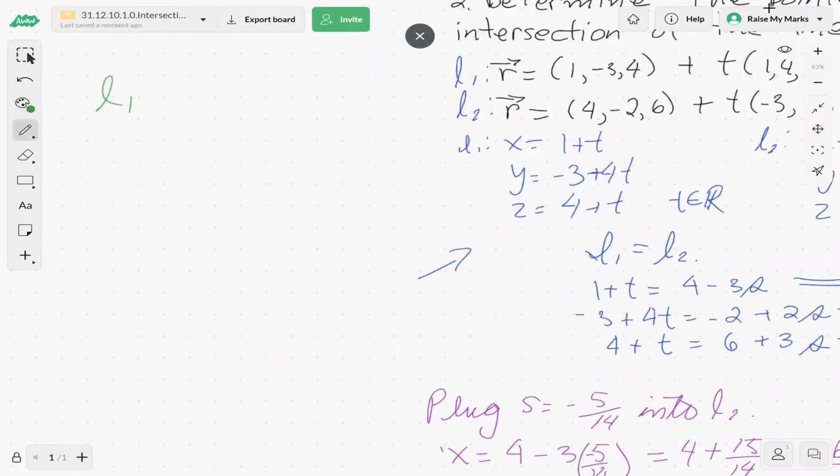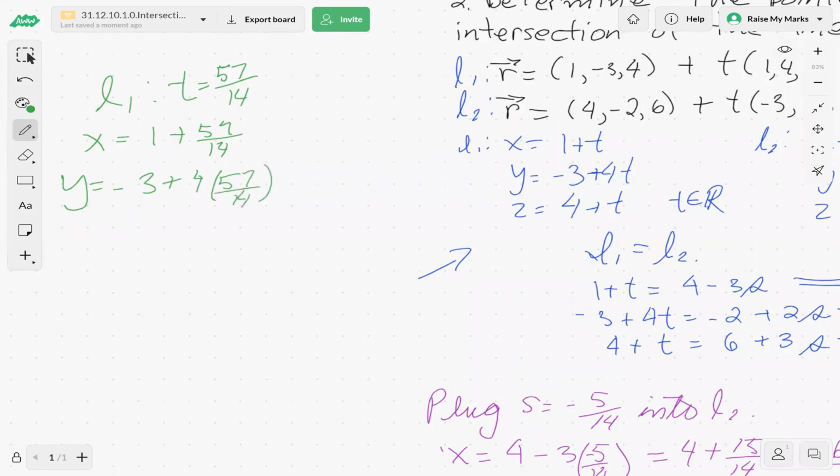So, line 1, t equals 57 over 14. Let's plug it in and see what happens. X equals 1 plus 57 over 14. Y equals negative 3 plus 4 times 57 over 14. And Z equals 4 plus 57 over 14.